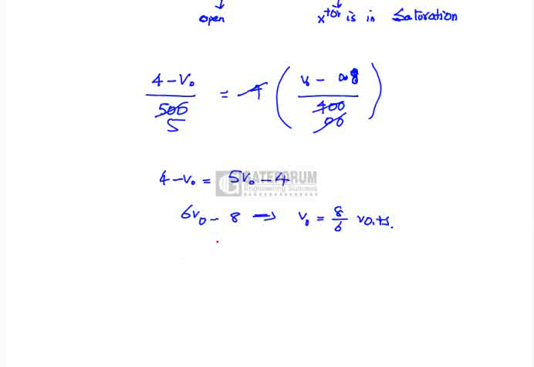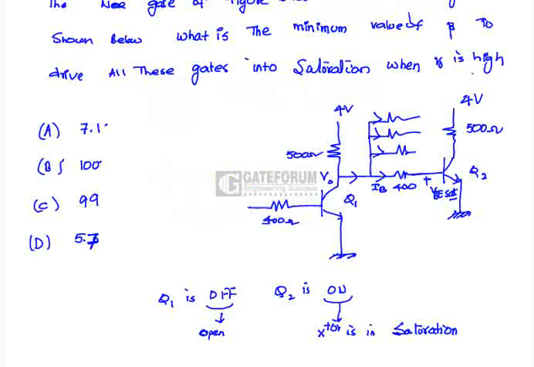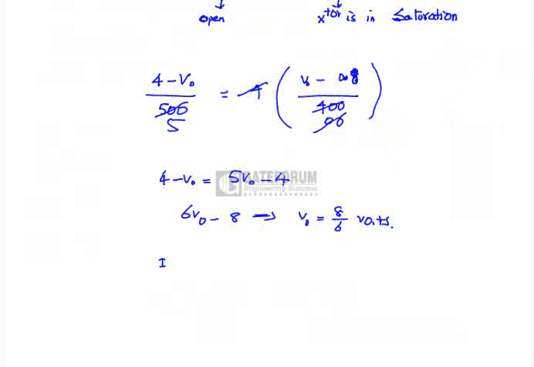From this the base current IB is given as, this is IC, IB equals (8 by 6 minus 0.8) divided by 400, which equals 1.33 milliamps.